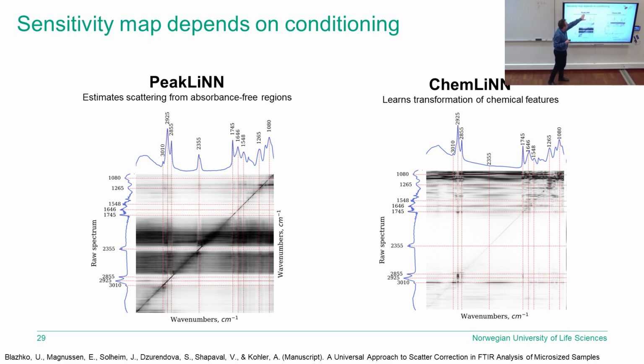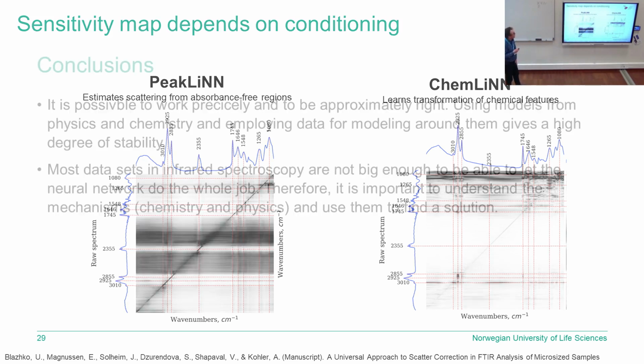You see, for example, that peak-lin, which doesn't know anything about chemistry, is simply trained on different peaks which are randomly distributed. So there is information more or less all over, but also a lot in the area where you don't have any absorption. The chem-lin uses information from one part of the spectrum where there's not so much scattering, and then reconstructs the other parts of the spectrum.